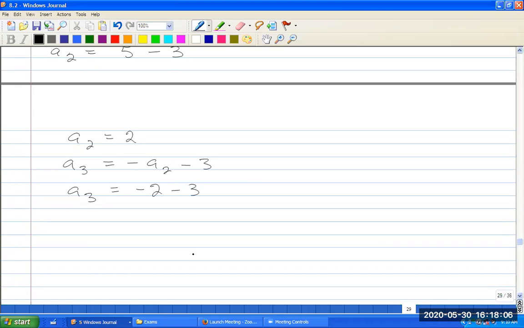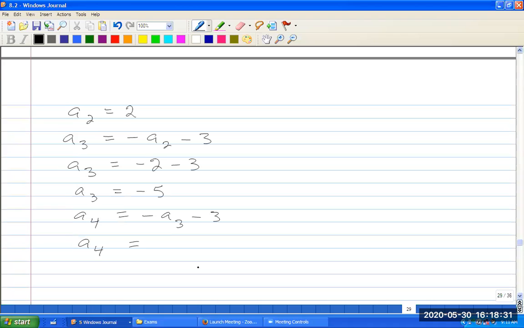And A4 is minus A3 minus 3. And so A4 is equal to 5 minus 3, which is equal to 2.